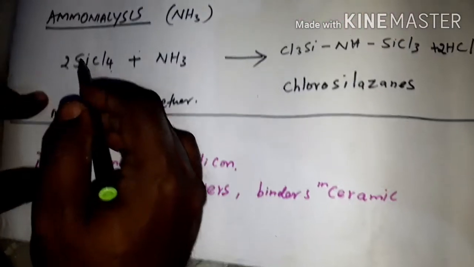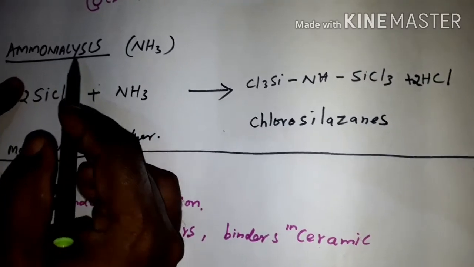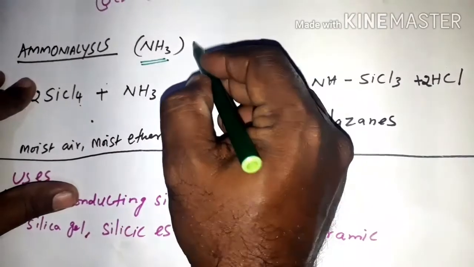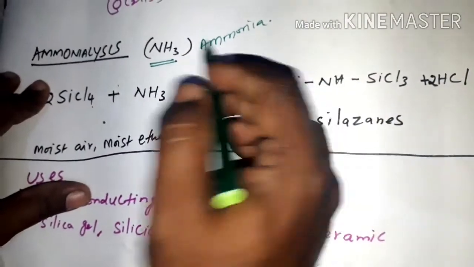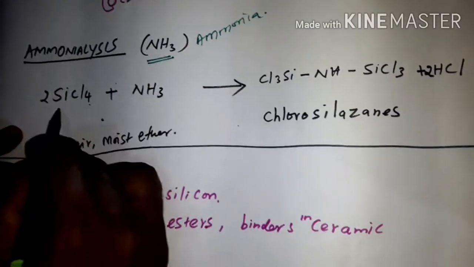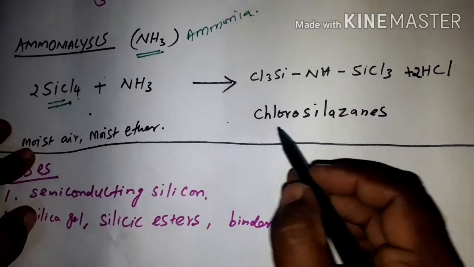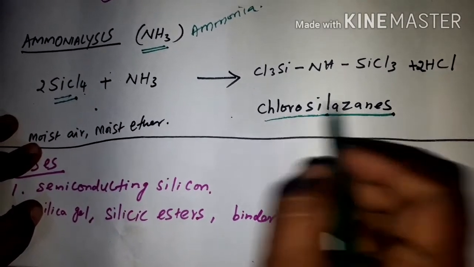Next one, ammonialysis. So when you talk about ammonialysis, what compound must come? NH3. NH3 is ammonia. Right? Okay. So when ammonia is added to this SiCl4, the product is chlorosilazanes. Okay.